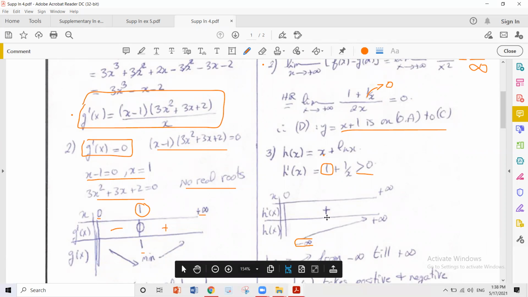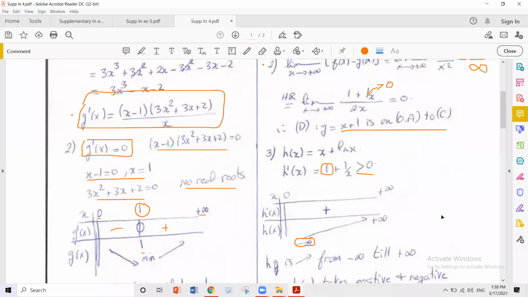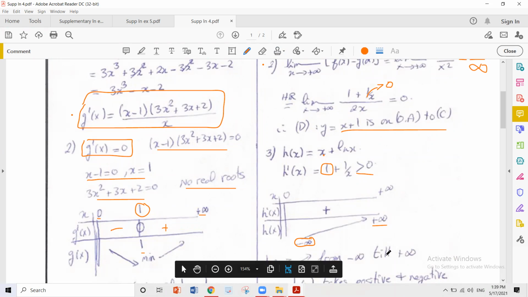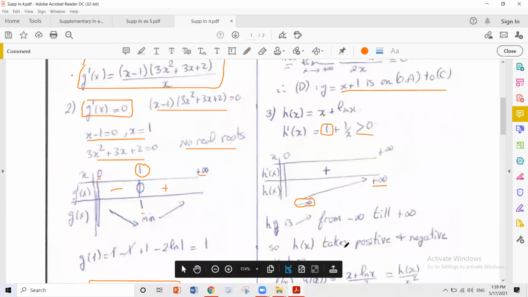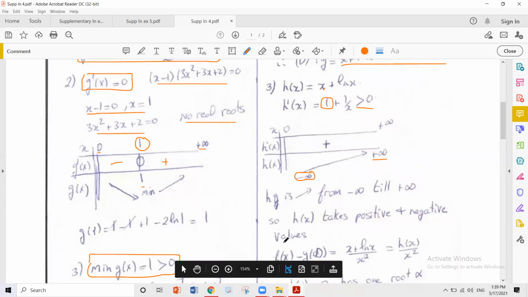The limit at plus infinity is infinity plus infinity, which is plus infinity. So the function h is increasing from minus infinity to plus infinity, so we start from a negative value to a positive value, so h of x takes positive and negative values.